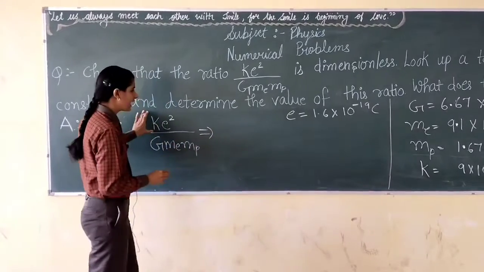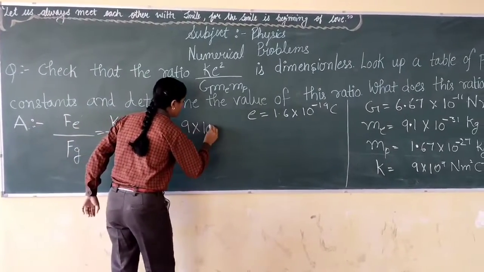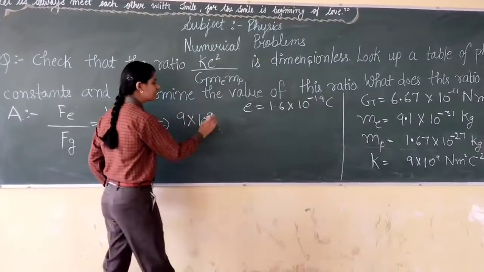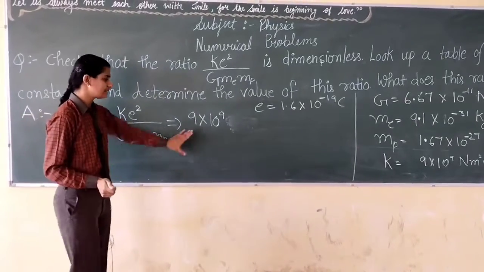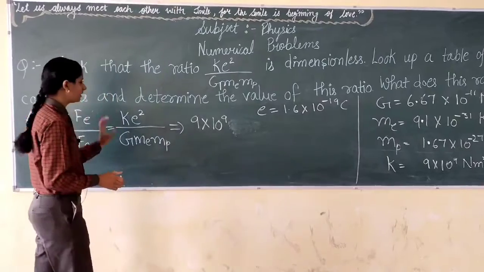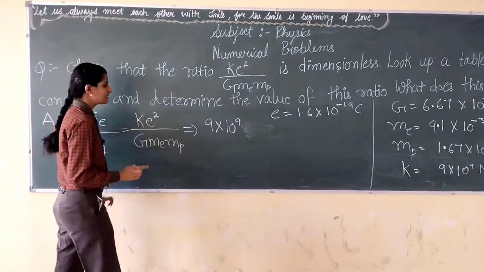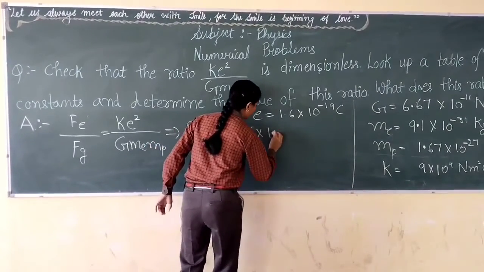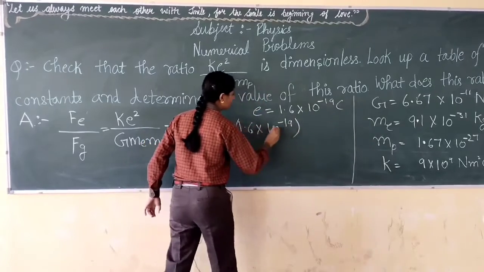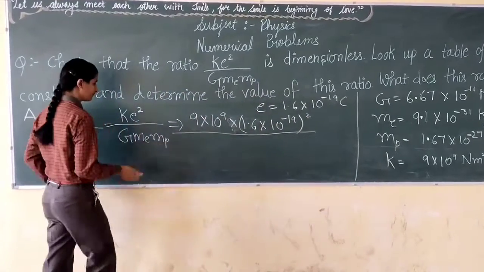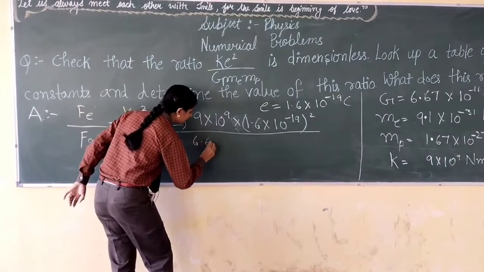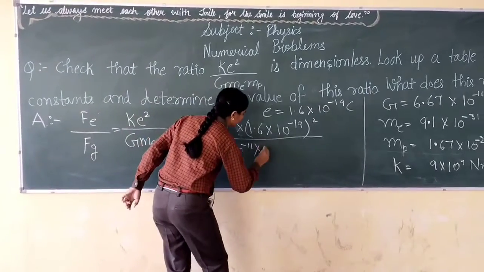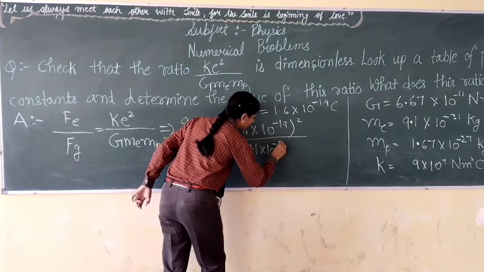So numerical value of K is 9 into 10 raised to power 9. Sorry, we will not consider its SI unit because earlier we have proved that this is dimensionless. We will write only its numerical value, and E square, that is equal to, what is E? 1.6 into 10 raised to power minus 19, and this is in whole square, divided by value of G, which is 6.67 into 10 raised to power minus 11, and mass of electron is 9.1 into 10 raised to power minus 31.